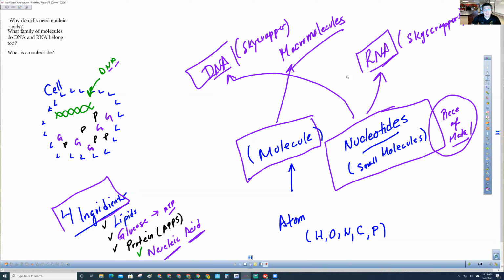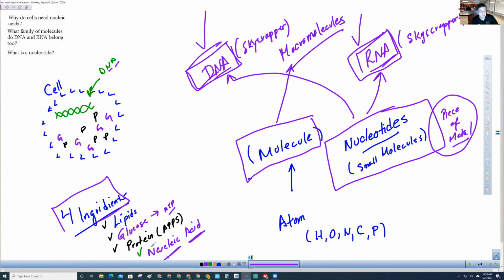You said to build more skyscrapers. That's basically what you said. So let me rephrase that again. Think of a cell like a city, right? Why do they need nucleic acids? Remember, DNA and RNA are the nucleic acids. So in other words, why do cells need DNA and RNA? Why do cells need these two guys? And we talked about this already.